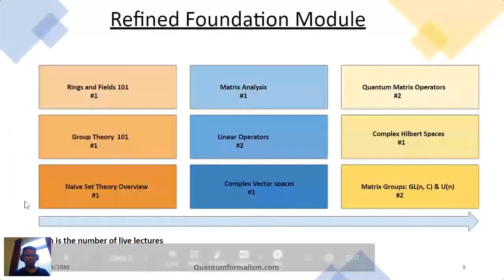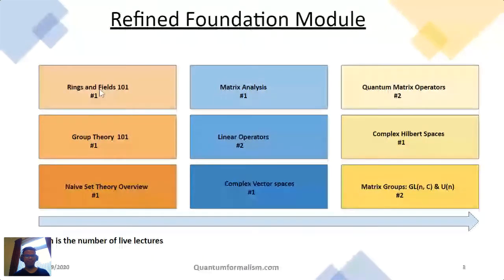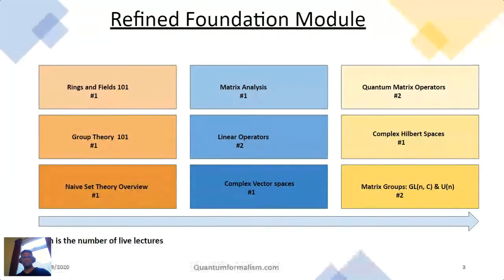So the next lecture will be group theory next week. Just the basics that we need for you guys to feel comfortable with the rings and fields. And then after that, we'll move on to complex vector spaces. We'll then move to linear operators in the abstract form, and then the correspondence to matrices.